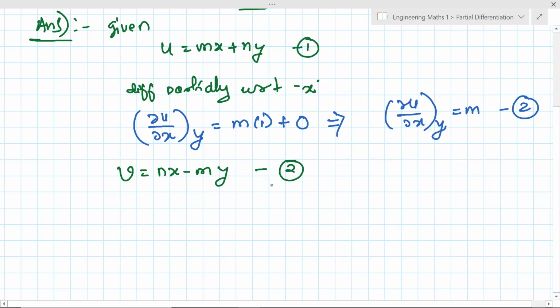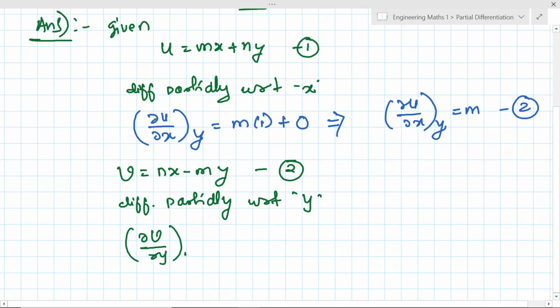This is my v. Differentiate partially with respect to y. What I get here: ∂v/∂y treating u constant is equal to, as u is not there, we need to take a constant. So nx is totally constant term, so its derivative is 0.